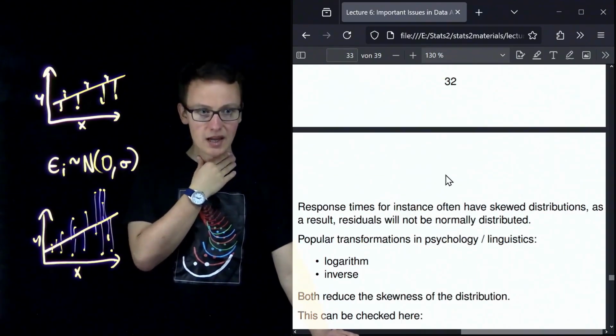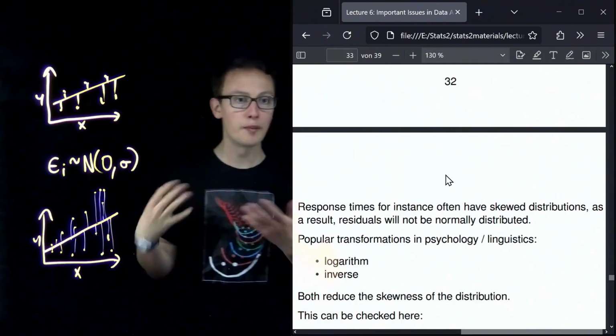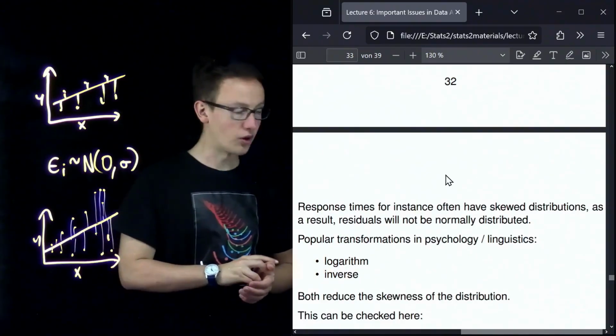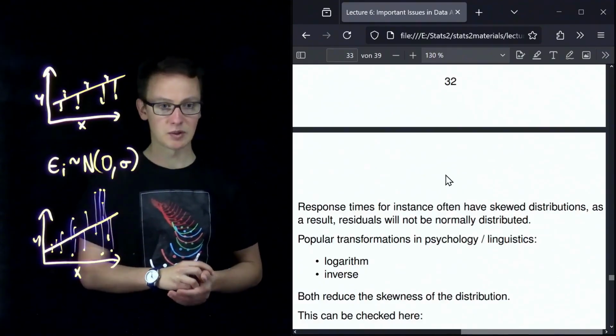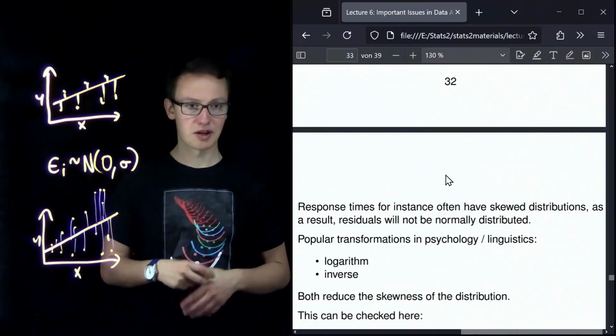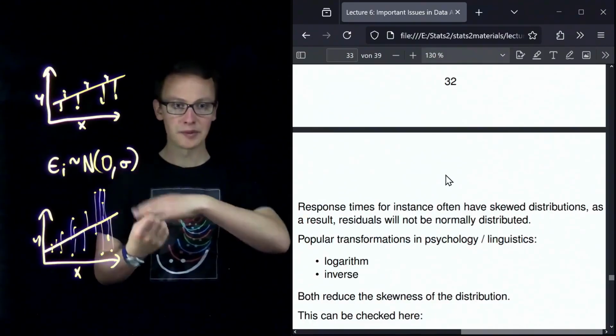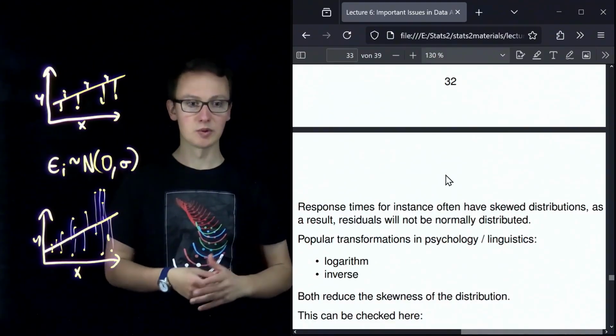And for response times, it's actually common and even good practice to not fit a model on raw response or reading times, but to actually apply some transformation that takes the values in milliseconds and transforms them mathematically into something that's more normally distributed.